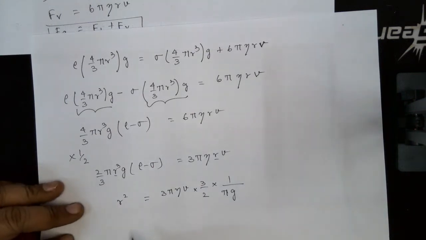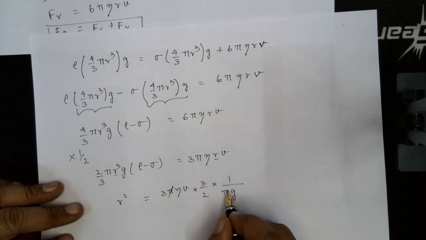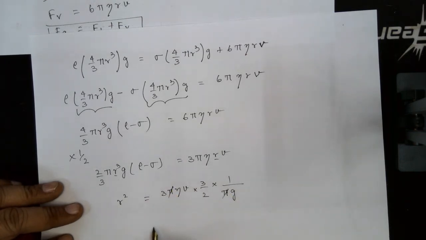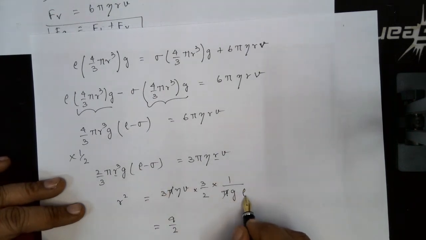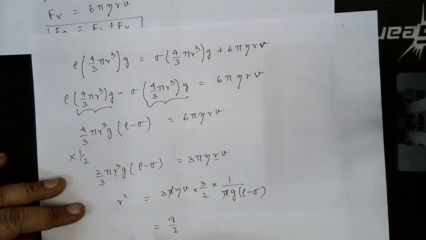Now pi can be cancelled, therefore 9 by 2 into eta, and we have this rho minus sigma also, right?